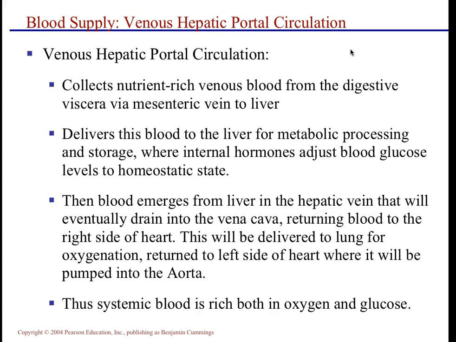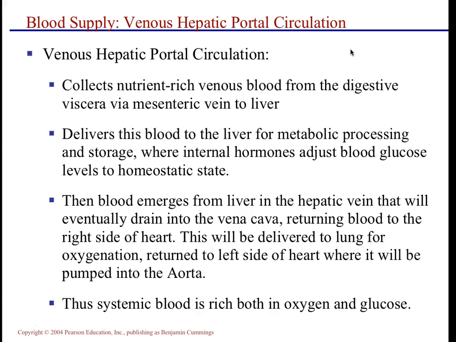So then the food is examined, the blood glucose levels are at homeostasis, and then it rejoins the larger venous circulation and eventually the vena cava, which will then bring everybody back to the right side of the heart. And this is absolutely necessary, whether it was a hunter-gatherer or you.